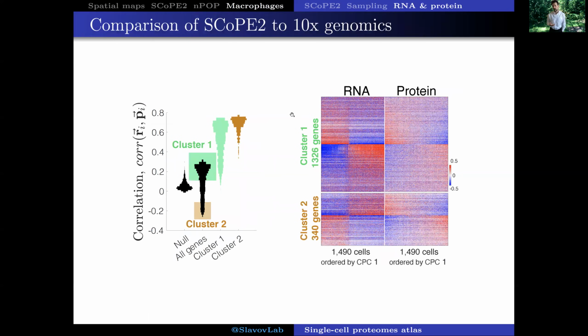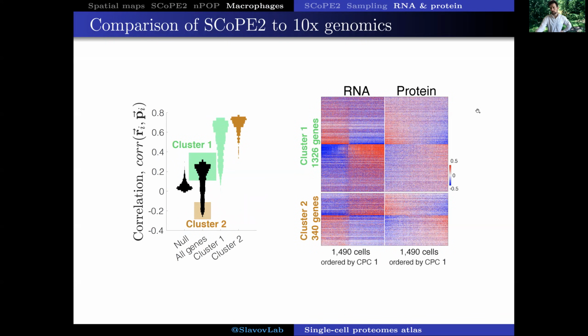We took advantage of having paired RNA and protein data from the same system, and we wanted to analyze which genes have similar behavior at the protein and at the RNA level, and which don't. So we performed correlation vector analysis based on which we identified two clusters.